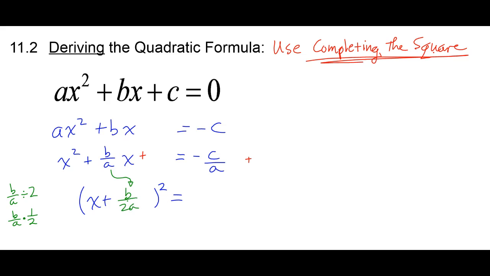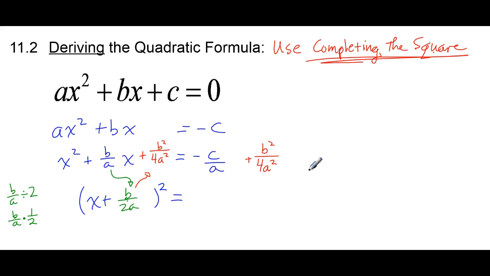And then you take that and you square it. Oh, man, that's going to be a mess, isn't it? We know it's going to be a mess, so take your time, think it through carefully. When you square that, you're going to have b squared in the numerator, and you're going to have 4a squared in the denominator. So that's the thing we have to add on both sides, b squared over 4a squared.